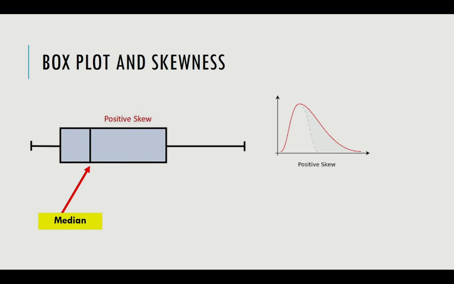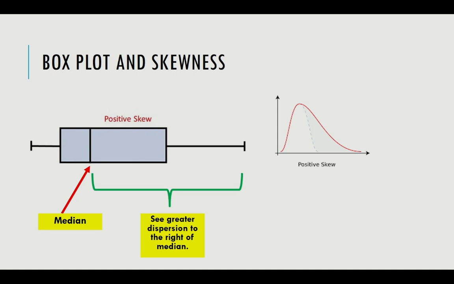Now remember, our box plot is telling us about the median. And so right here, that bar that's inside our interquartile range, well, that tells us that we see greater dispersion to the right of the median. And that's what we see in the picture to the right in the distribution.